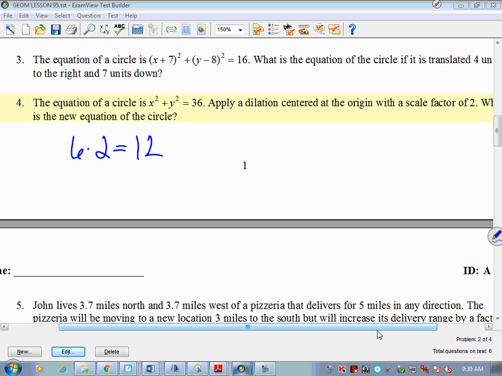What do I want to do with 12? Square it. What's 12 squared? 144. So what is my equation now? x squared plus y squared equals 144. Okay, did I lose anybody on that? Is anybody confused or need help with that? No? Okay.